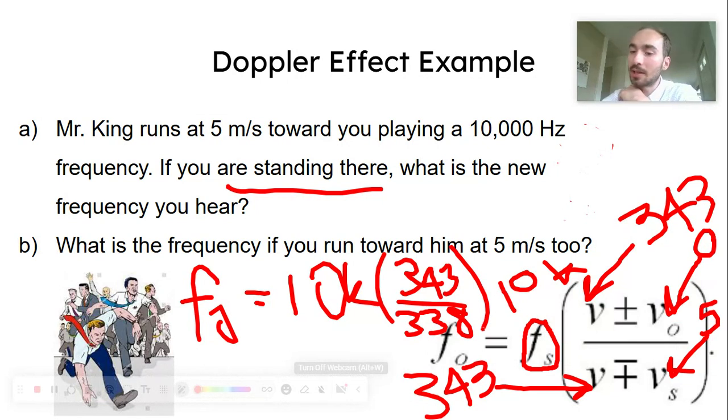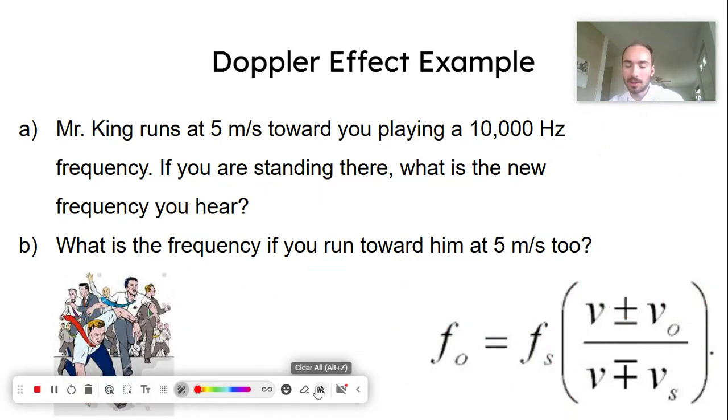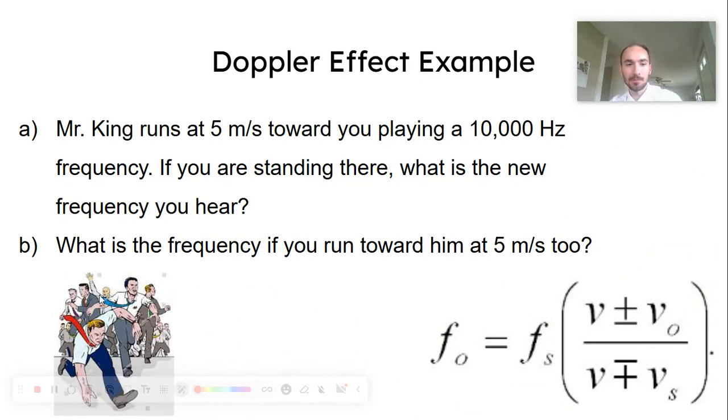And I forgot to mention that since I'm running toward you, we're going to use the top. So it will be 343 plus 0, and then 343 minus 5. So that's how I got 343 and 338, because I used the top ones. So that should get you a number that's slightly above 10,000.